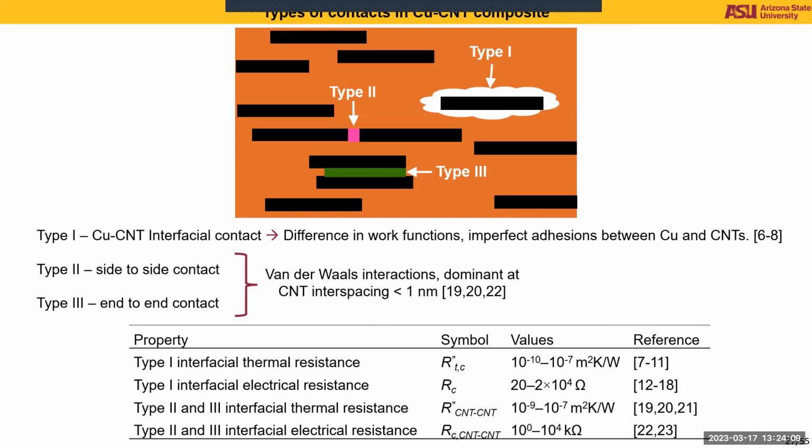And this basically arises due to the van der Waals interactions between closely spaced CNTs. And if you look at the literature, we can basically estimate the ranges of these resistance values. Again, I would mention here that these interfacial resistance values are without any surface activation, or any doping materials.